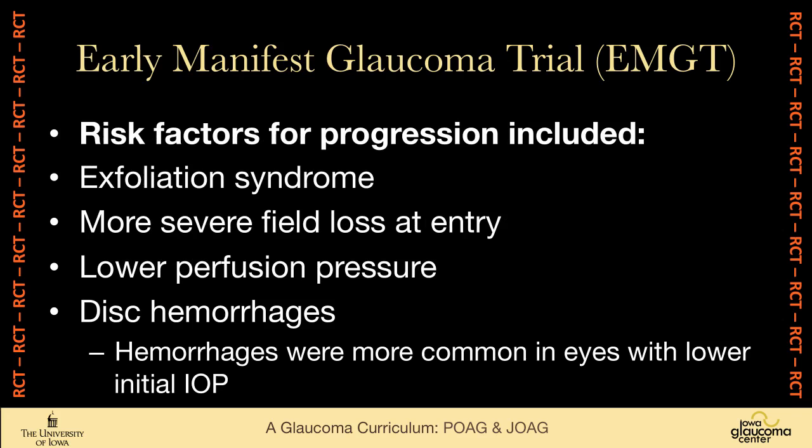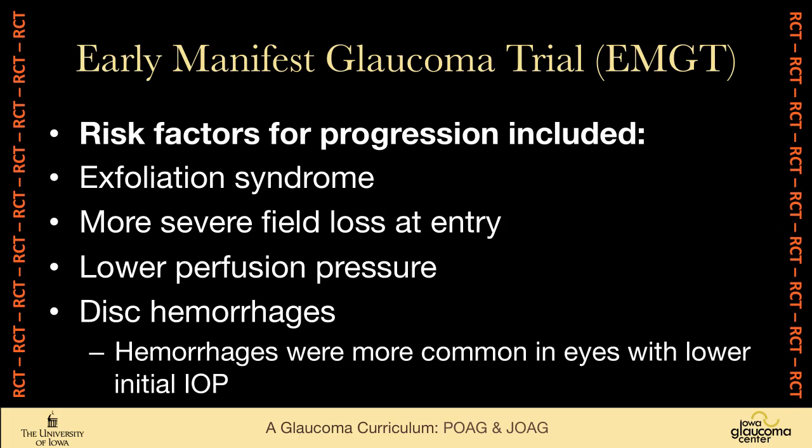The risk factors for progression included exfoliation syndrome, kind of regardless of the pressure, even at low pressures, exfoliation syndrome patients are more likely to progress. Not surprisingly, people had more severe field loss at entry, lower perfusion pressure, in other words, low blood pressure compared to the intraocular pressure, and people who had disc hemorrhages are more likely to progress.